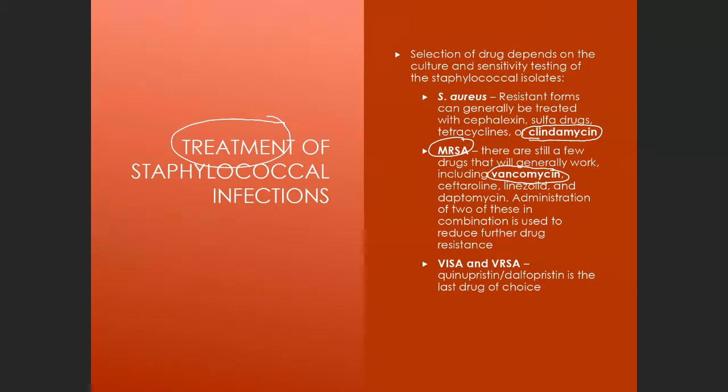And if it is actually vancomycin-resistant Staphylococcus aureus, then the doctor will give other antibiotics like quinupristin, dalfopristin, and this is going to be the last choice of drug used for Staphylococcus aureus.